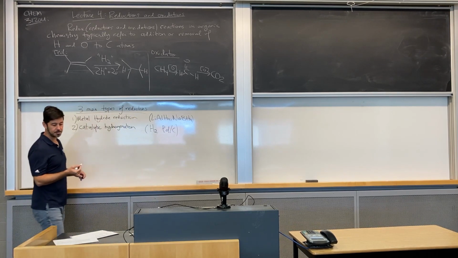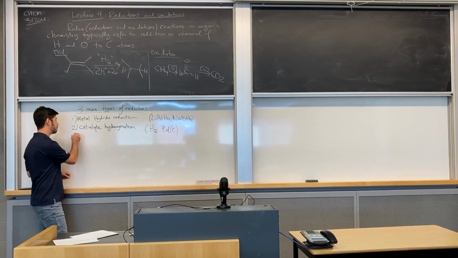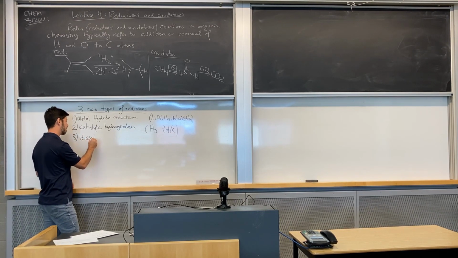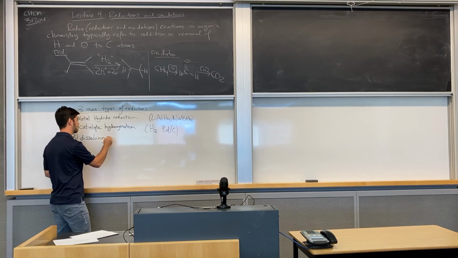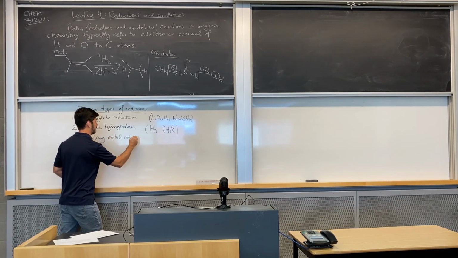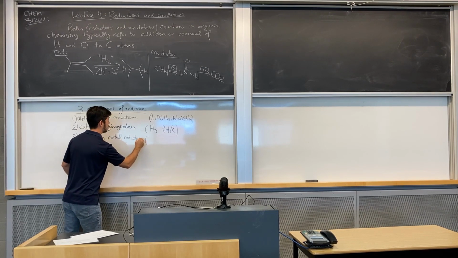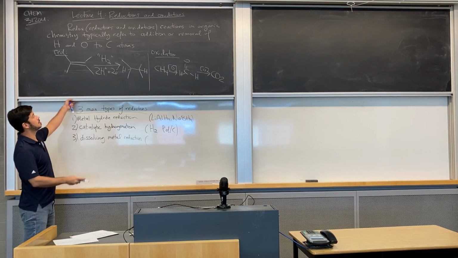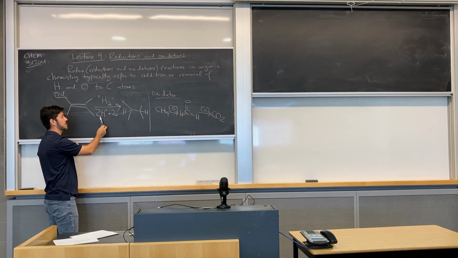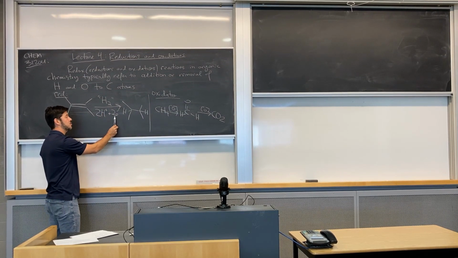And then the third type is one that you may not have seen before, called dissolving metal reduction. If you break apart what the H2 is for reduction, it's comprised of protons and 2 electrons.